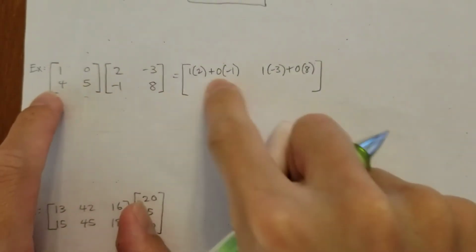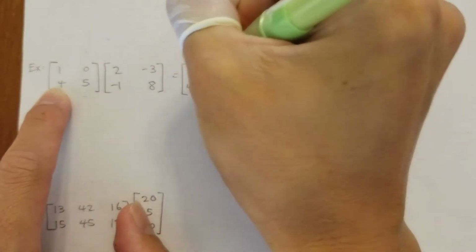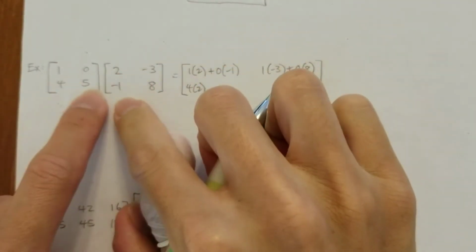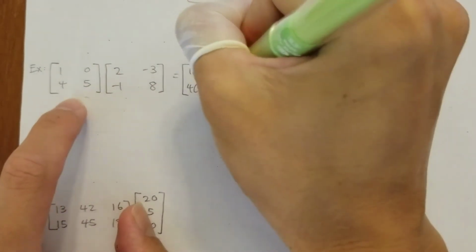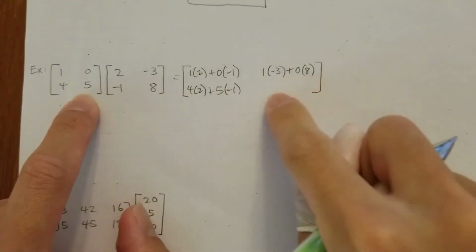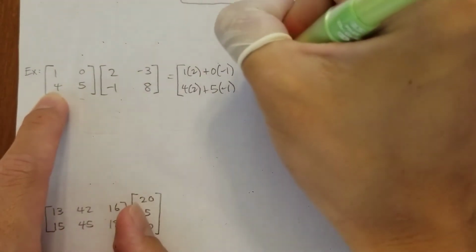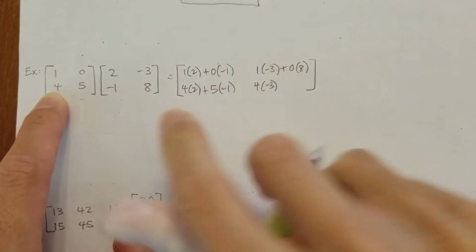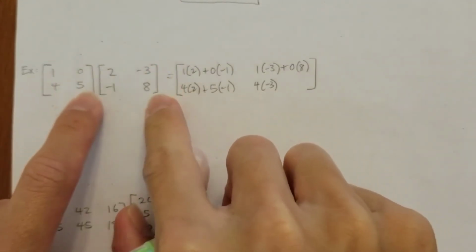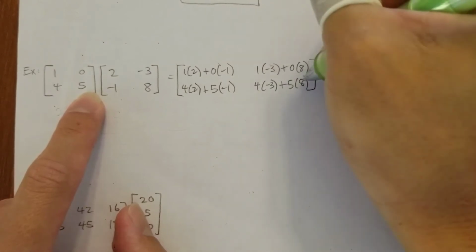Now the next one. So this would go in this corner. 4 times 2 plus 5 times -1. For this here, it's going to be 4 times -3, plus 5 times 8.